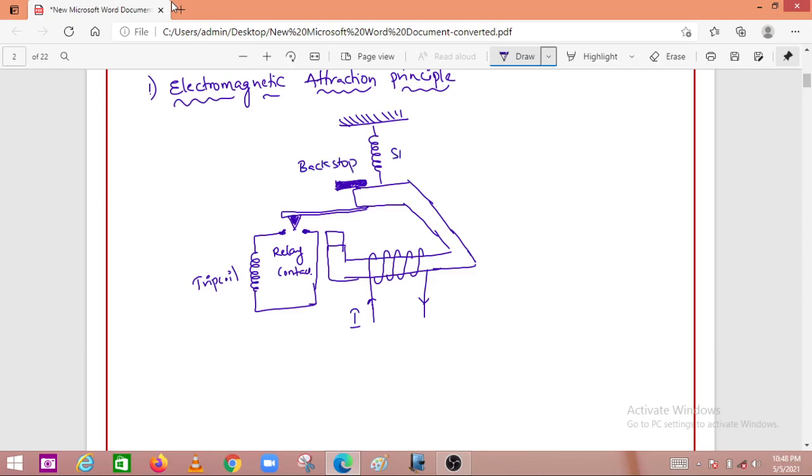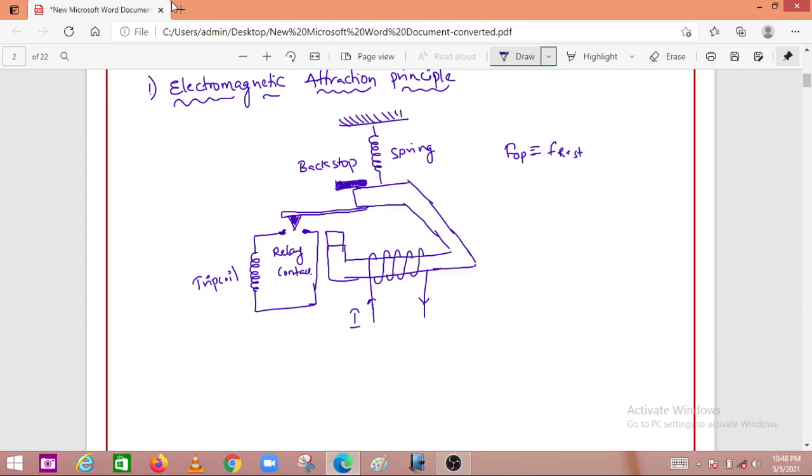This is a spring. Why is the spring used? Yesterday we discussed that whenever the operating force is equal to the restraining force, the relay is at the edge of operation. If operating force is more than the restraining force, the relay will operate. If the operating force is less than the restraining force, the relay will not operate.